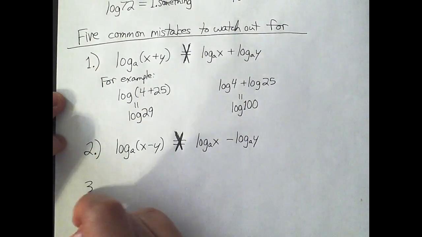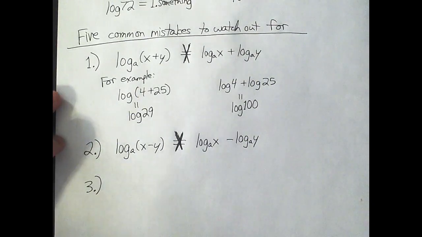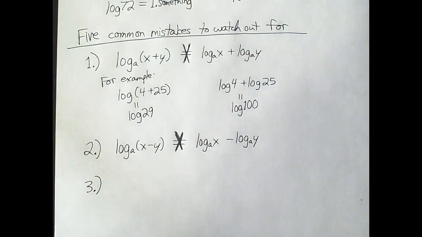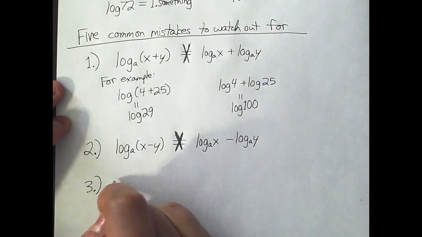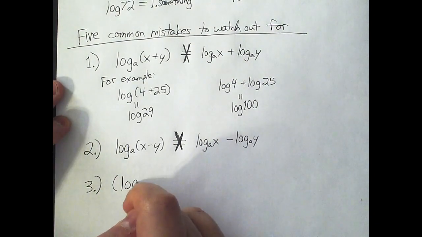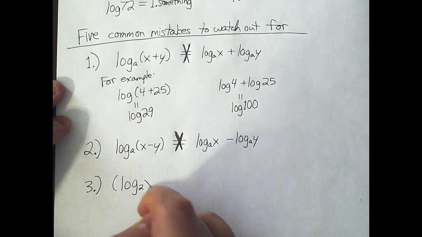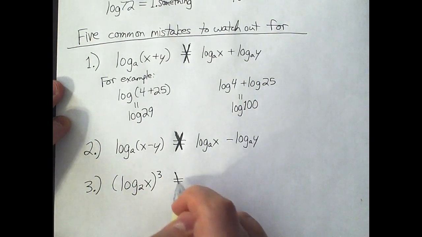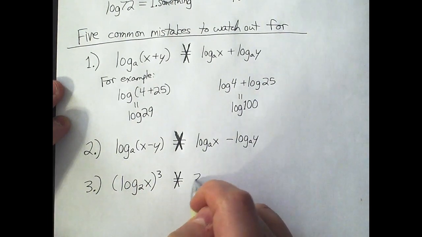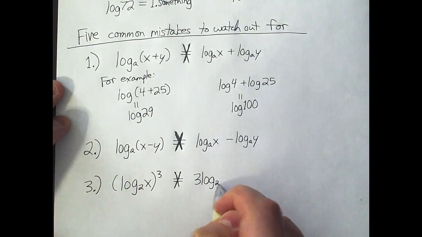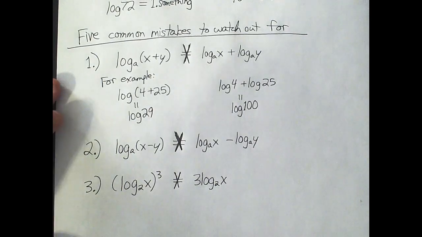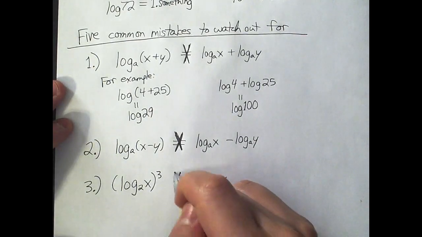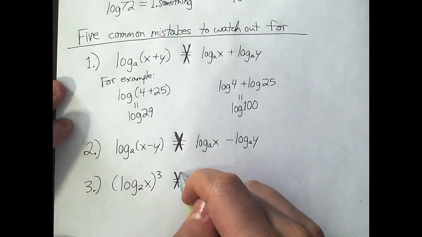The third thing I have is kind of like a mistake version of law 3. So maybe it's good that we're doing these in this order. Parentheses, log base 2 of x cubed is not equal to 3 log 2x. Now, this one is a little tricky. You might say, wait, isn't this law 3?